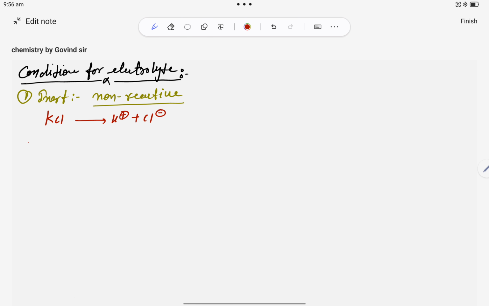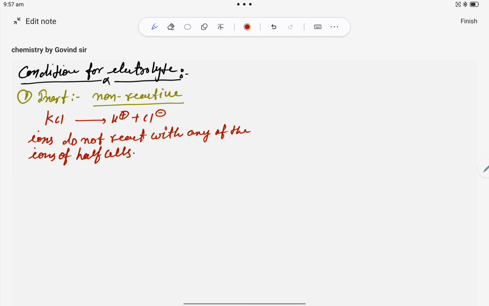So here you have to write: ions do not react with any of the ions of the half cell.